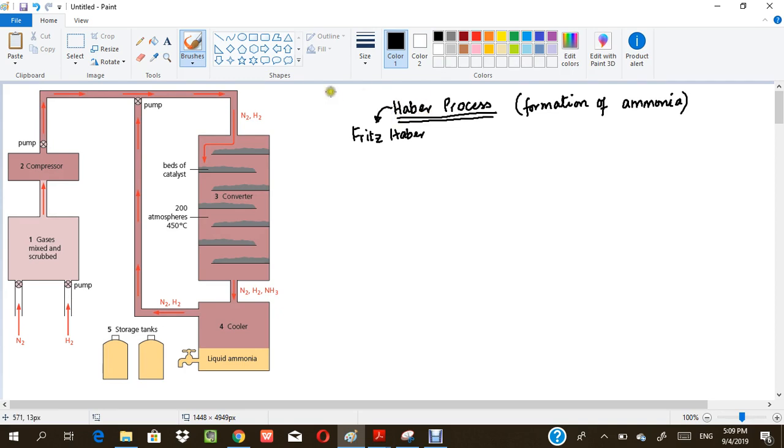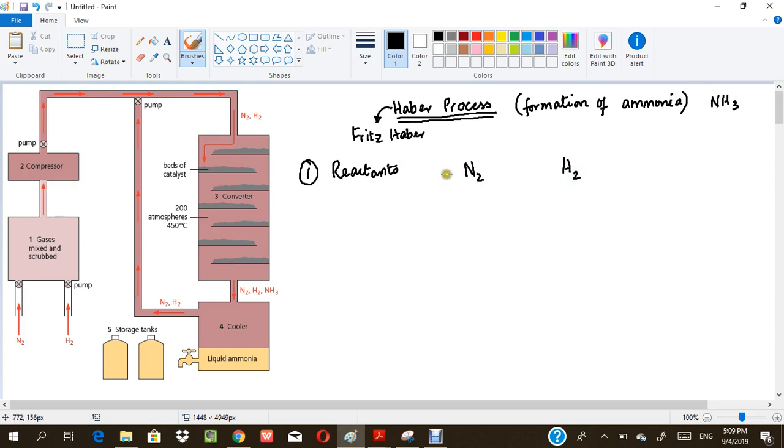So what are the key things in the Haber-Bosch process? Number one, we have the reactants. Now, ammonia has a formula of NH3. So, the reactants for forming ammonia obviously should be a source of nitrogen and a source of hydrogen.